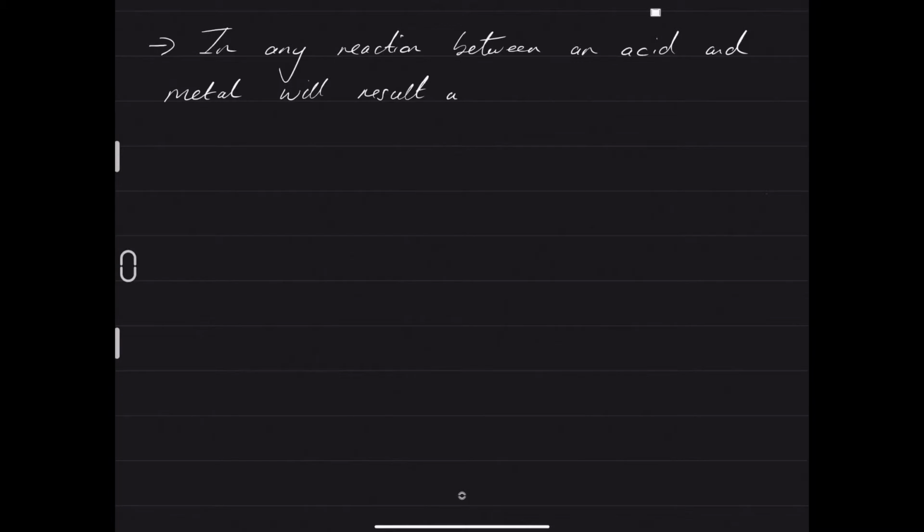Regarding acid plus metal reactions, when a reaction between an acid and a metal takes place, a salt is produced. So any reaction between an acid and metal will result in a salt being formed.